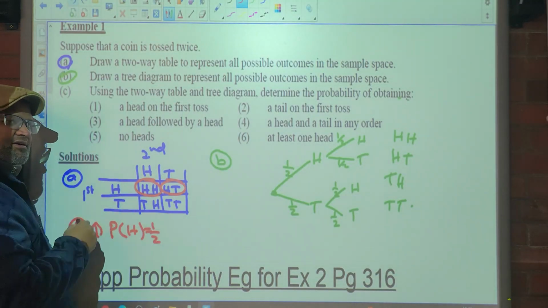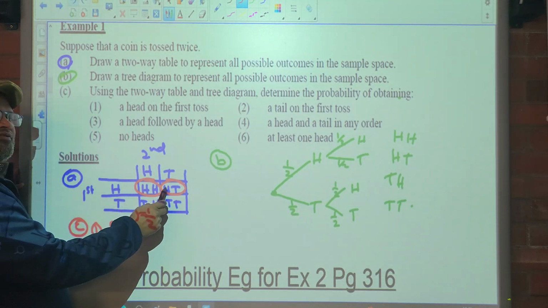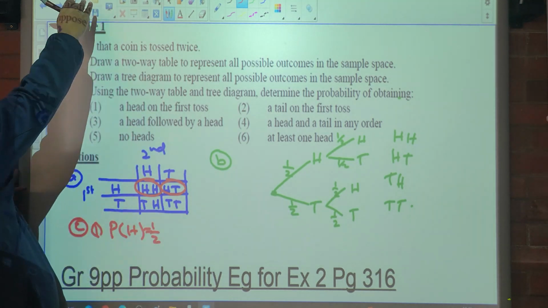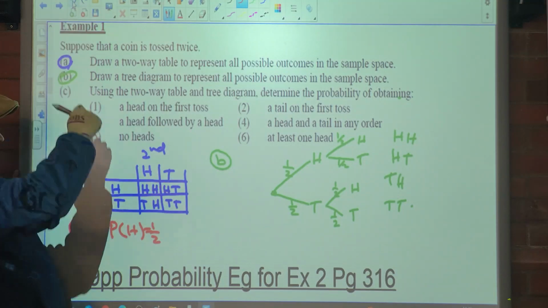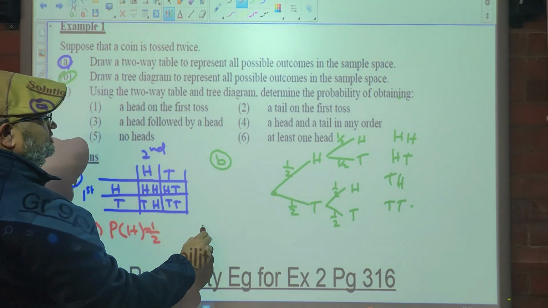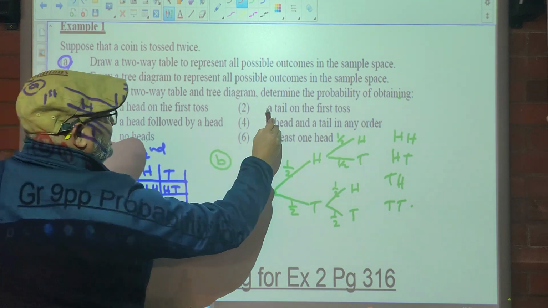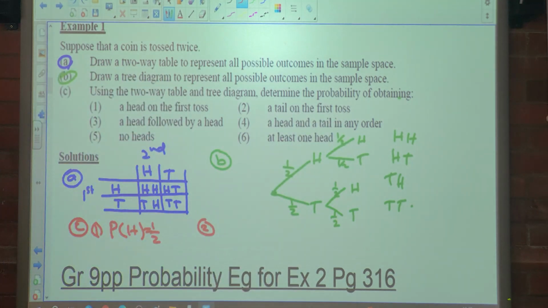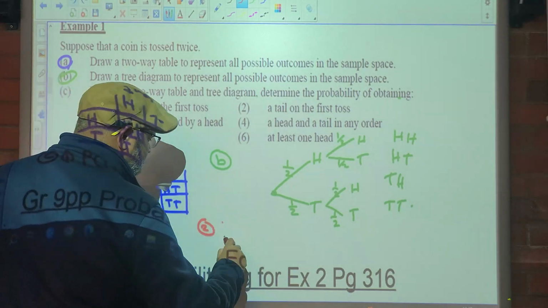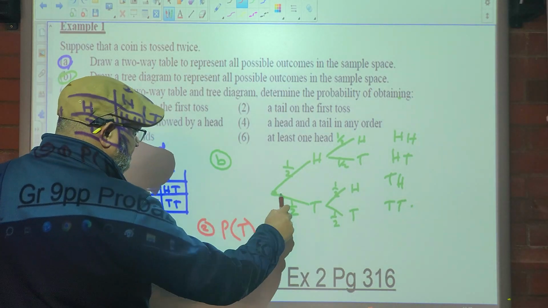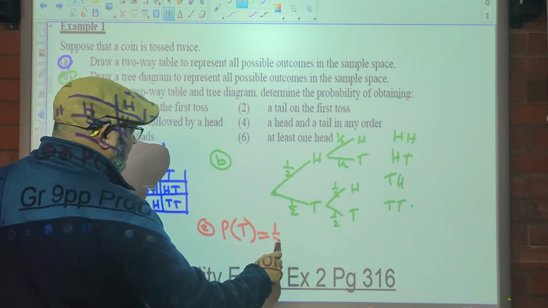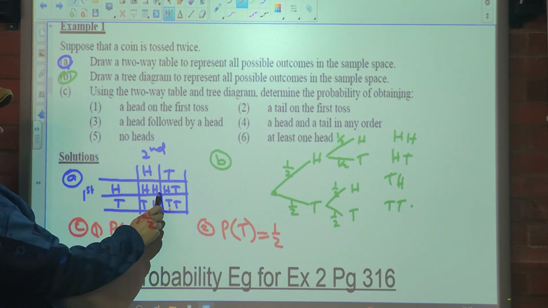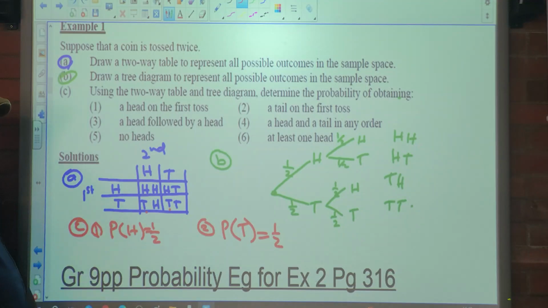There and there. So it's going to be 2 out of 4, which is half anyway. You guys understand? Right. Number 2. A tail on the first toss. Tail on the first toss is half. Or 2 out of 4, which is half.